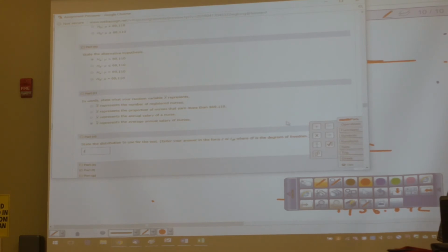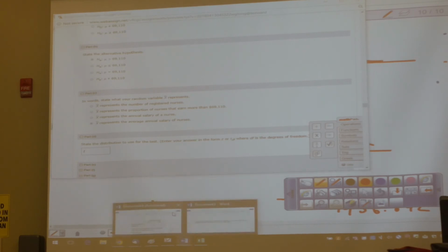Now to get to the degrees of freedom, I need to enter a subscript. On the Apple, I think it's easier. I think it's shift underscore. On PCs, it's a little bit different. I have to go and look at it. I can't remember.